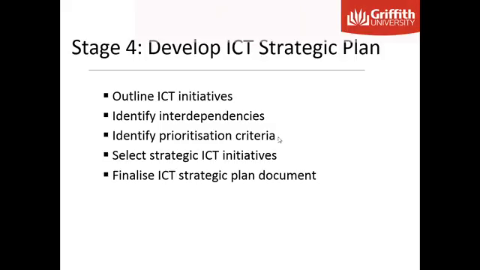This is where you can get into a little bit about benefit realization as a criteria-based approach. You also start to rank them, and you will have to select at a certain point: these are the strategic IT programs that I want to work on because these are the most important ones to my particular organization. And then you start to finalize your strategic plan document.